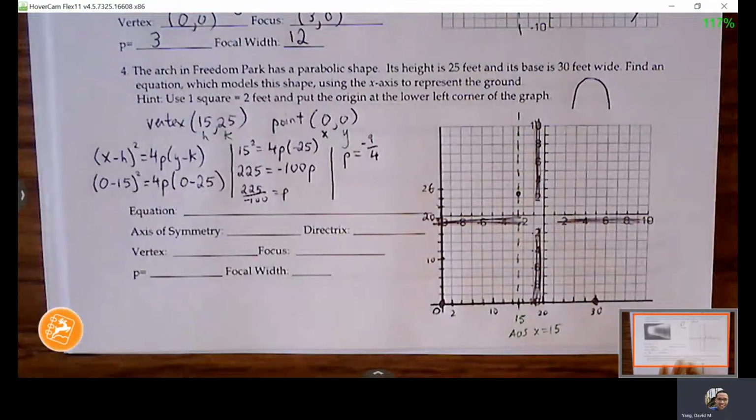Okay, 225 divided by negative 100 is negative 2.25 or negative 9/4.